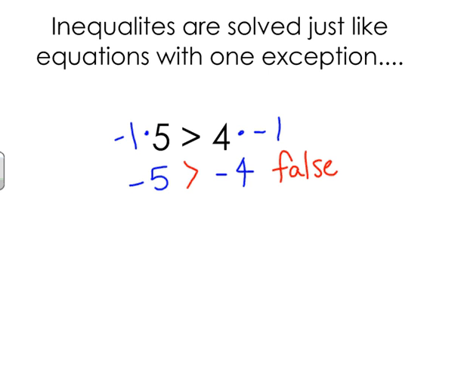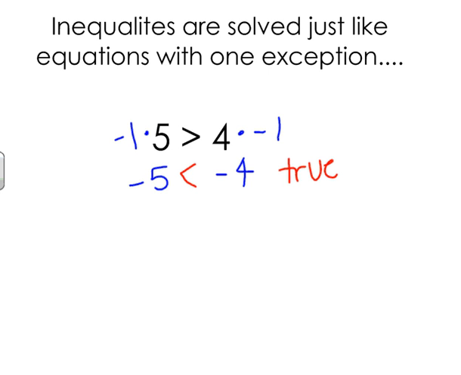That's a false statement. -4 is greater than -5. So anytime you are multiplying or dividing by a negative number, instead of keeping the inequality symbol the same, you are going to flip it. So we're going to rewrite this as -5 is less than -4.